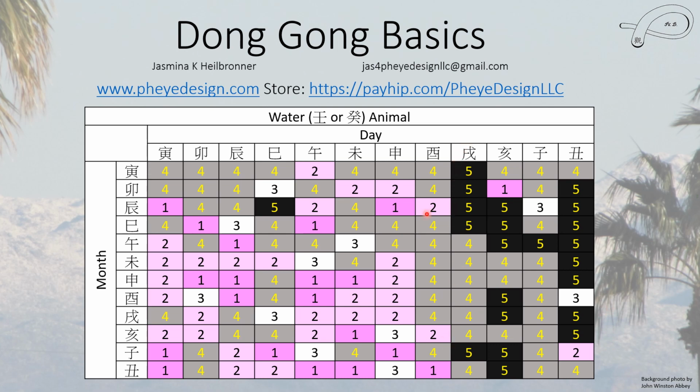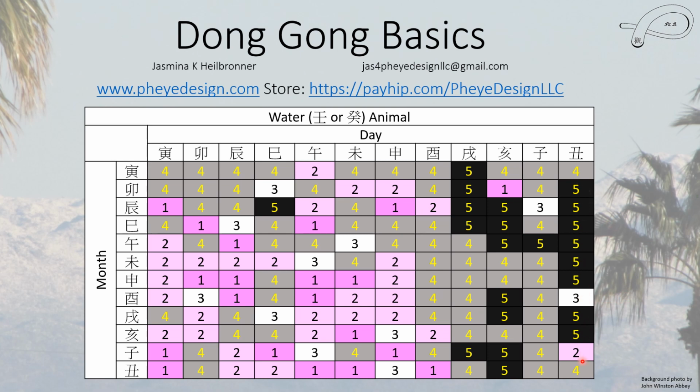The dog, and this is for water. So the water dog, yang, that's Ren, that's yang water. The water dog is all negative. The pig only has one good day in the rabbit month. The rat only has one neutral day, and the ox only has one good day and one neutral day.